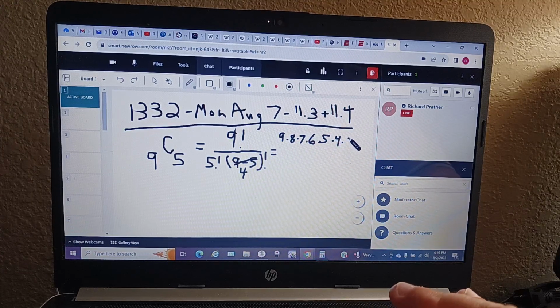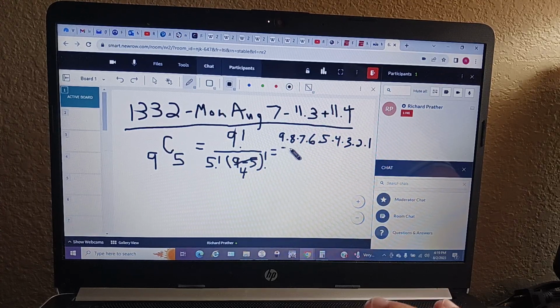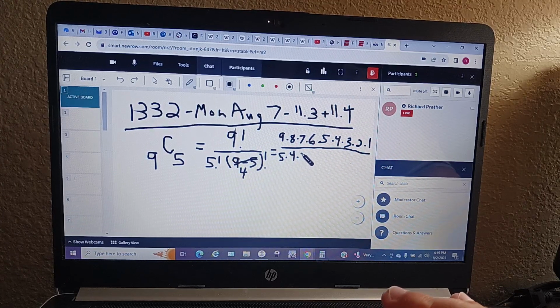So I'm not going to write this out all the time, all the way down, but I just want to do it once so you see what happens. There's 9 factorial. And then there's this front 5 factorial. And then, whoops, that's supposed to be a 1. And then there's a 4 factorial.